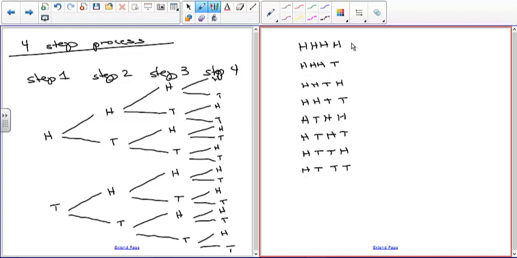And then you can go to the next one, and really the only thing that happens is the first letter becomes a tails, and then the last part kind of repeats itself. So I just take the last 3 that I have here and just replace the first one with the tails.